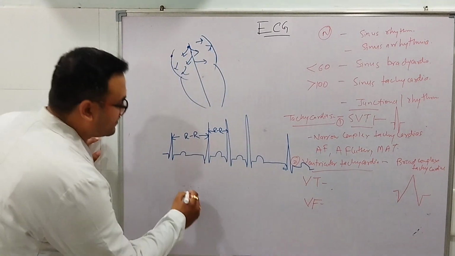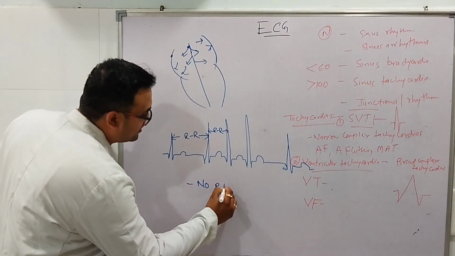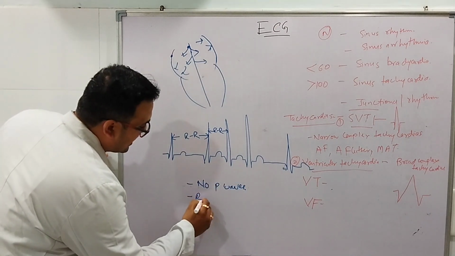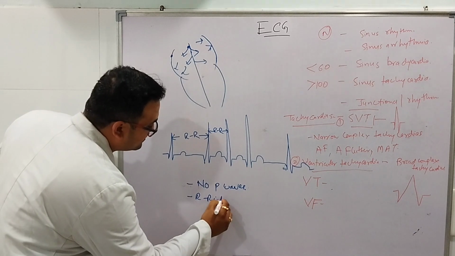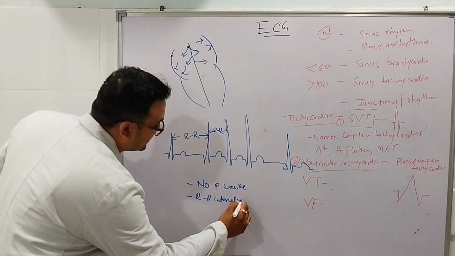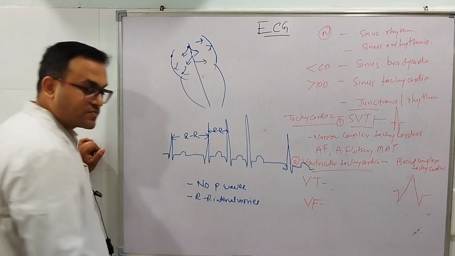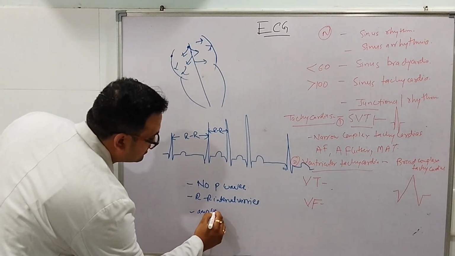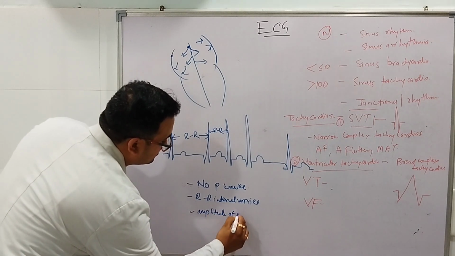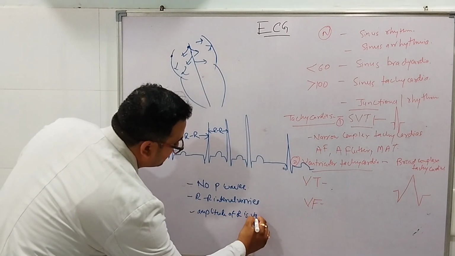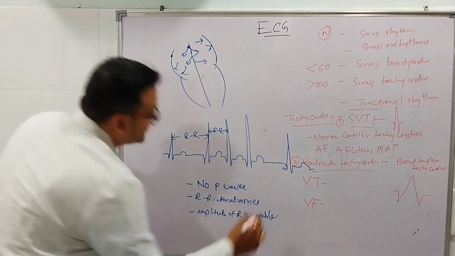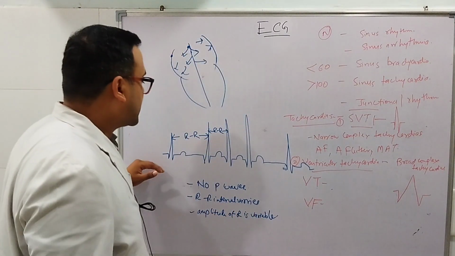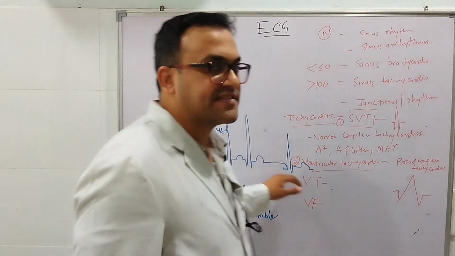So in atrial fibrillation there will be no P waves, the RR interval varies, and the amplitude of R is variable. That is how we recognize atrial fibrillation, and remember, this is a narrow complex tachycardia.